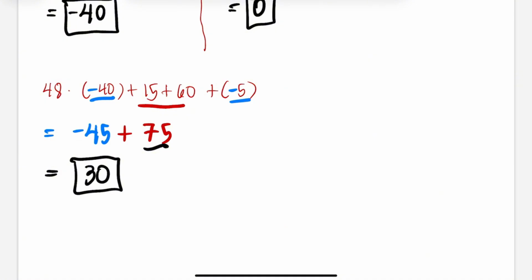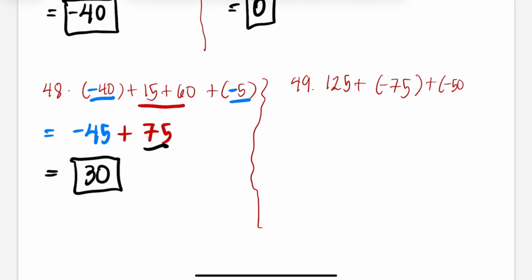Number 49. In number 49, we have 125 plus negative 75 plus negative 50 and negative 99.